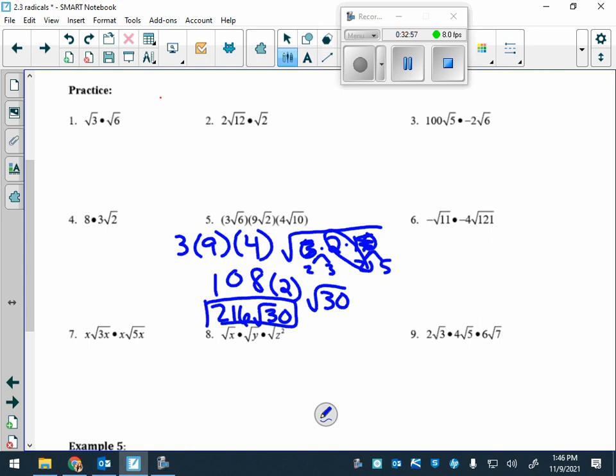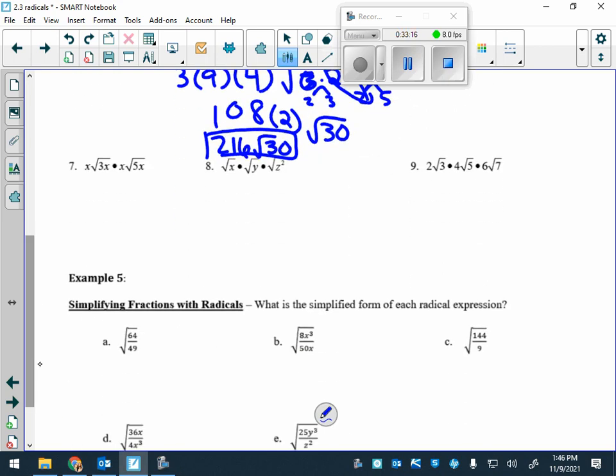Okay. Genevieve, same question? Any other questions on 1 through 6 so far? Now for number 7, that's correct. X cubed, root 15. Any questions on number 7? Number 8, what should we have? Nolan? Good.